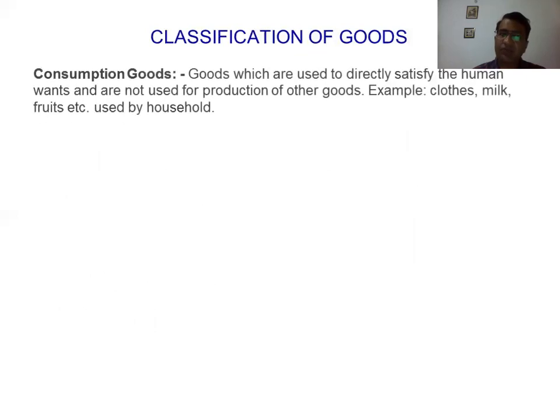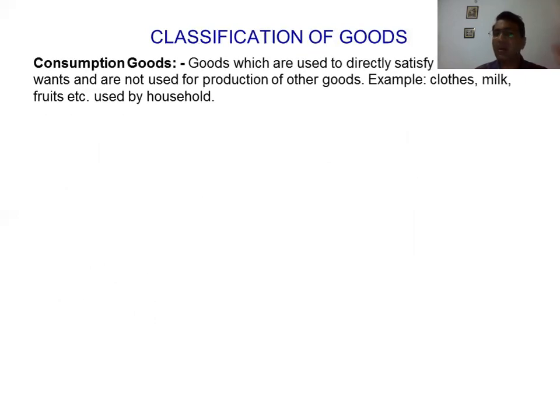Now another type of goods is consumption goods, which are used directly to satisfy human wants and not used for the production of other goods. A consumer good is directly consumed by the consumers and directly satisfies human wants.